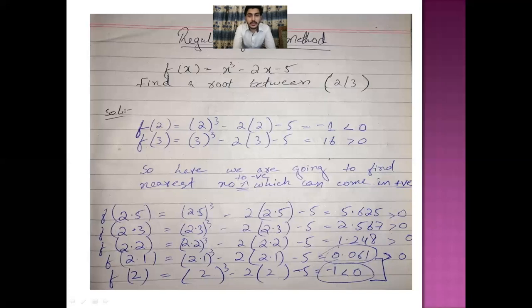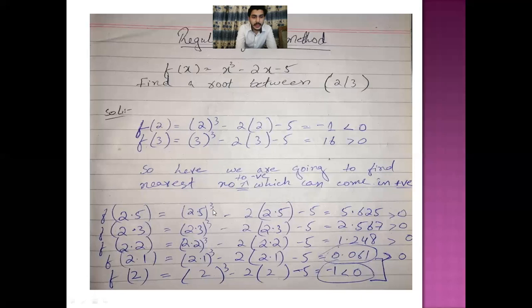That is greater than 0 and that is less than 0. So we are going to find the nearest number, as I have already told, to negative, which can come in positive. So we have taken 2.5 here, and its answer also comes in positive, 5.625.